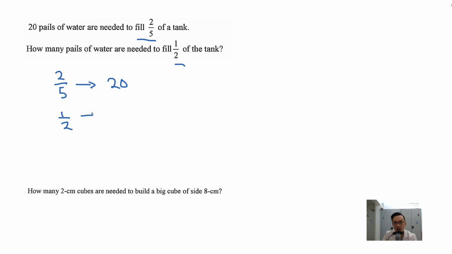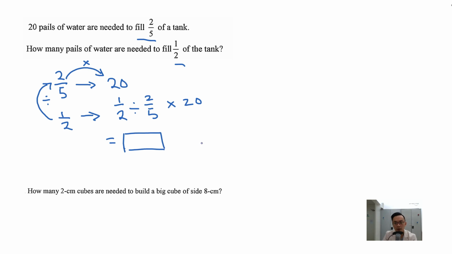So half a tank would be, take this divided by this times this. So it's half divided by 2/5 times 20 equals. Alright, can you work it out and show me the answer later?